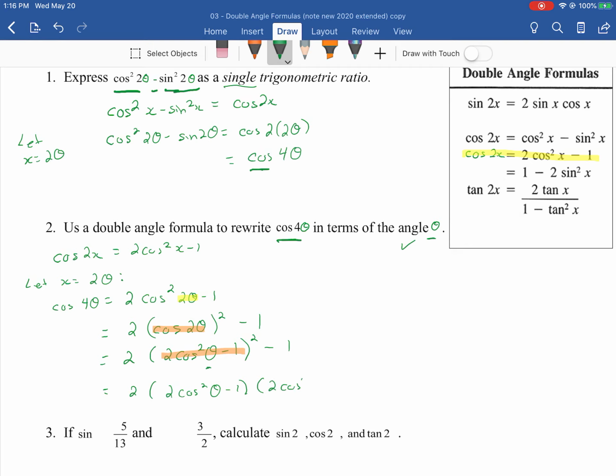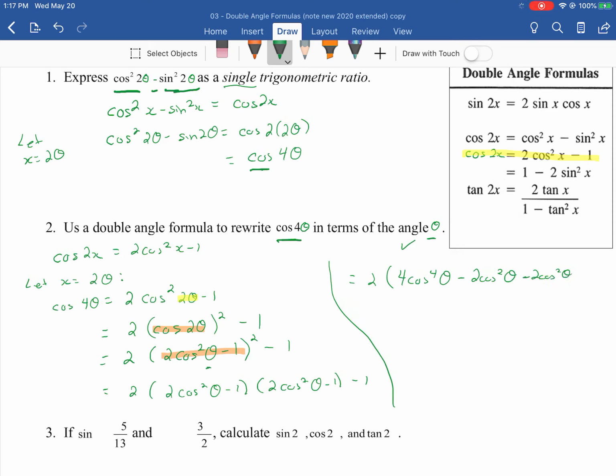I should take these two sets of brackets, this squared, and set it into two sets of brackets here, and do that difficult expansion there. When I expand out those brackets, I get 4 cosine power of 4 theta.